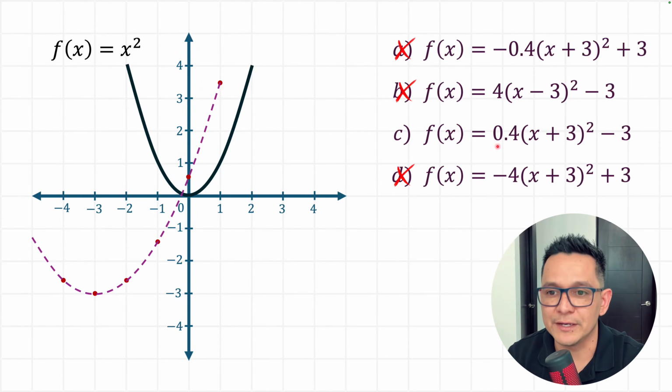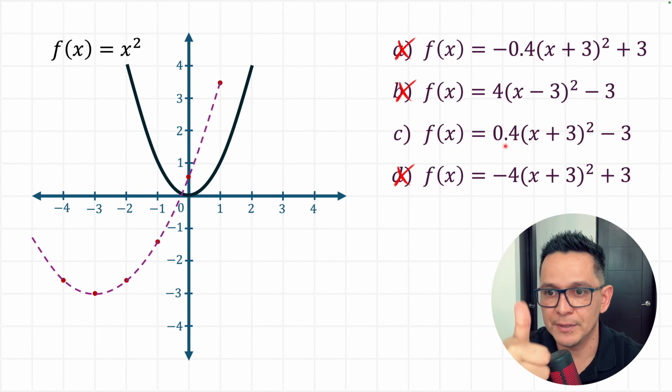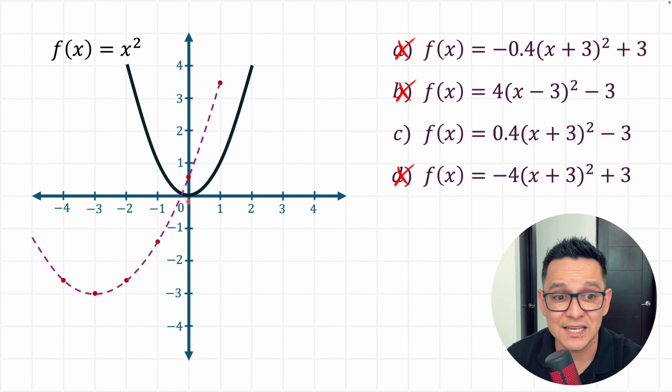Let's see. 0.4 positive. It indicates that it's going upwards and that it's kind of wide. It's wide and goes up. We're doing well. Now this plus 3, meaning that we're adding 3 inside, indicates that it's shifting 3 units to the left. Let's see. 1, 2, and 3 units to the left. See if the vertex is shifted 3 units to the left.